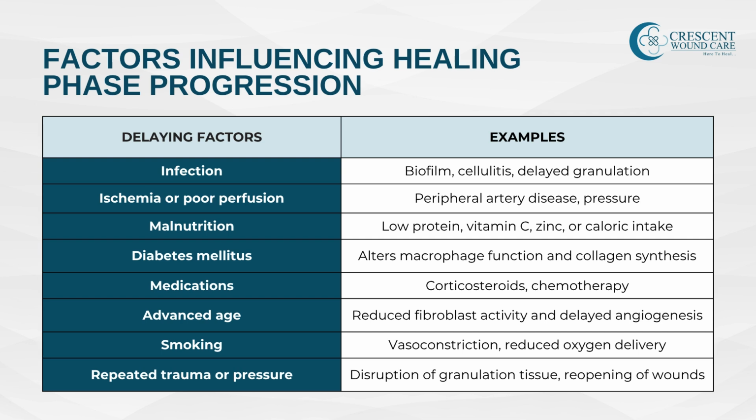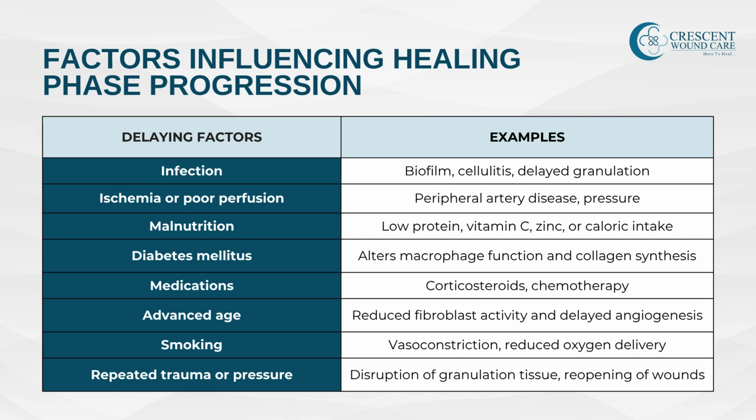Diabetes: alters macrophage function, slows collagen deposition, and makes wounds more prone to infection. Medications: corticosteroids and chemotherapy can suppress immune response and slow tissue repair. Older adults experience slower healing due to reduced fibroblast activity and delayed angiogenesis.